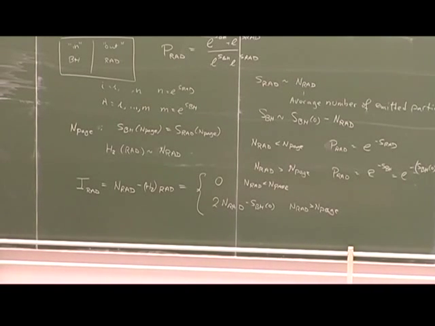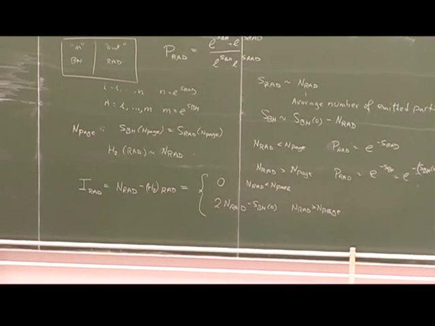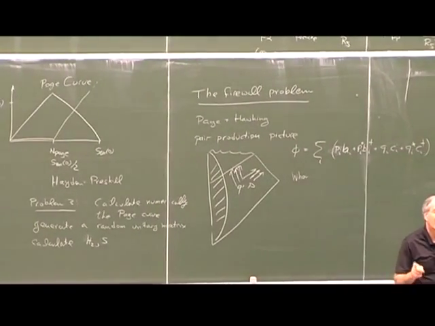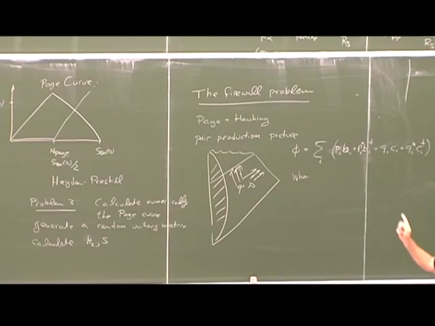And then after the Page time, it starts to purify. So the firewall problem is the statement that when the radiation starts to purify, the near horizon state cannot be a thermofield double state.